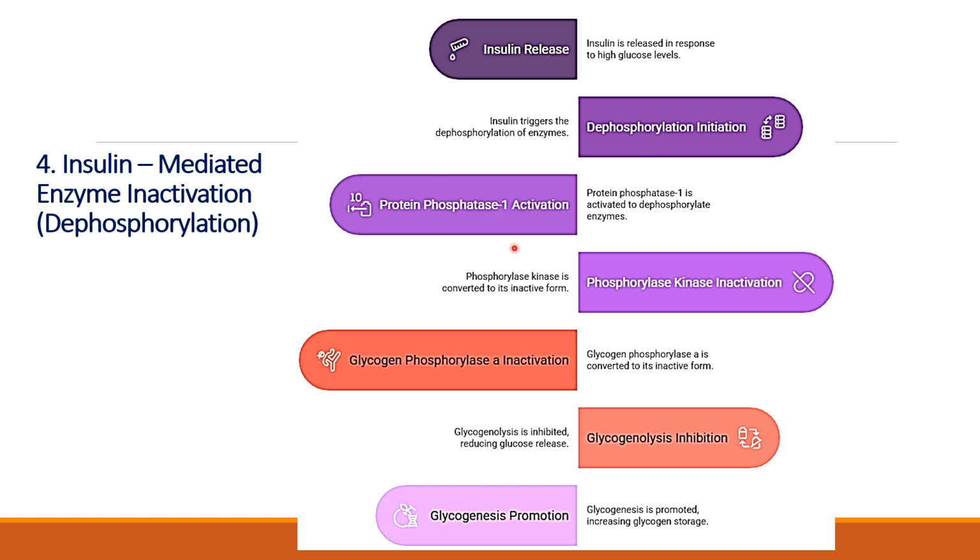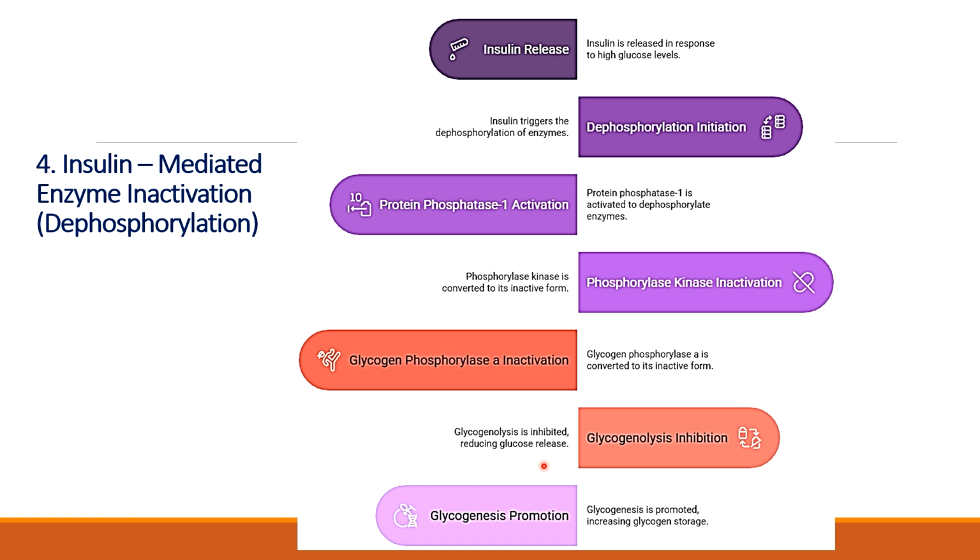We have protein phosphatase 1, which is activated to dephosphorylate the enzymes. Then phosphorylase kinase, which usually activates the enzymes, is converted into its inactive form. Then glycogen phosphorylase is converted into its inactive form, the B form. Then glycogenolysis is inhibited.